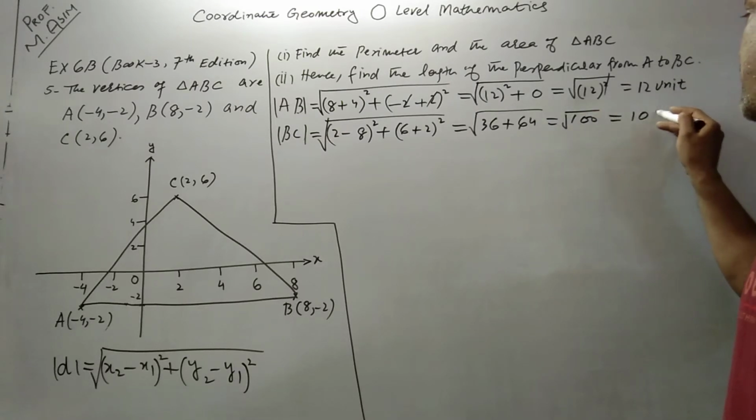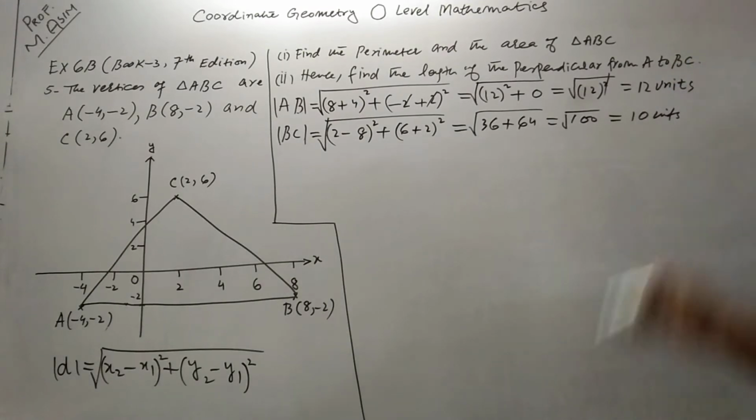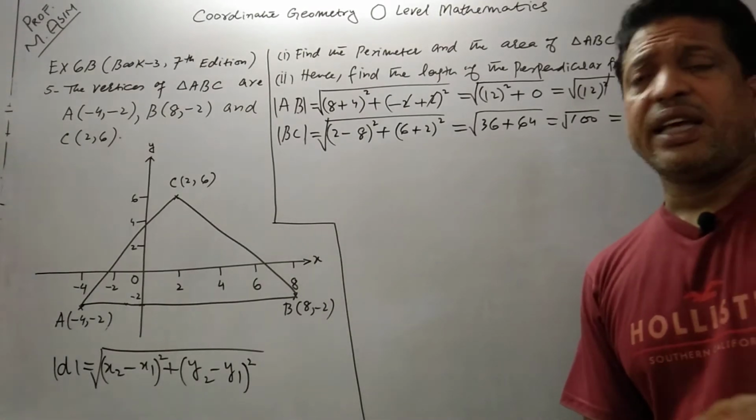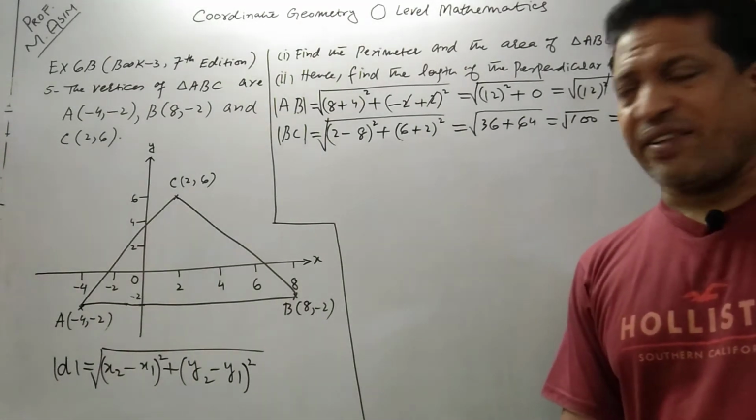Square root of 100 is 10 units. Why am I writing units? Because no measurement like centimeter or millimeter or meter is given in the question.